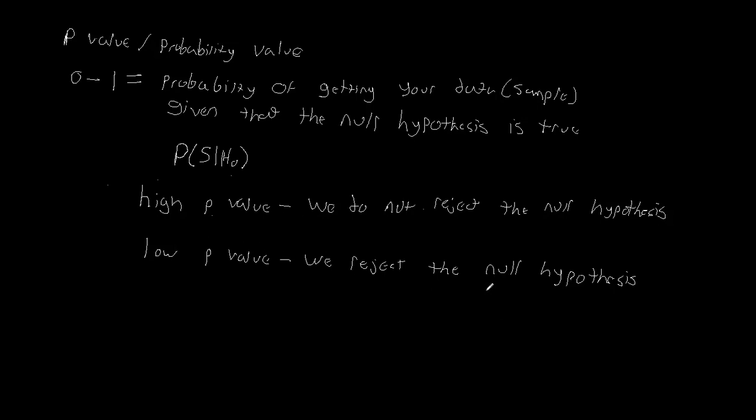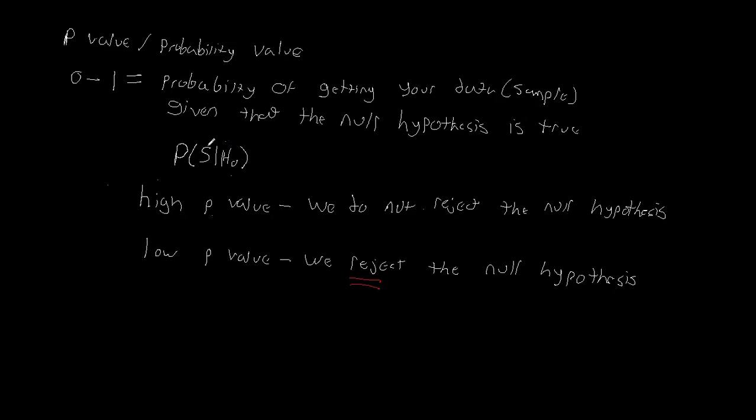What this is saying is that when the p-value is sufficiently low, we feel confident in saying that we don't think we would have gotten this data set assuming that they have the same means. That's what a low p-value would indicate. We are rejecting the null hypothesis.